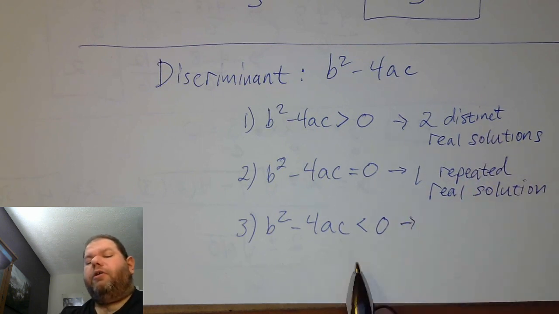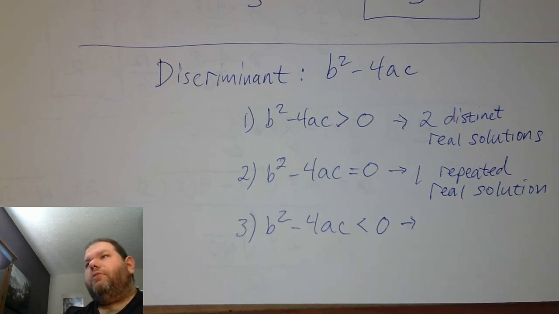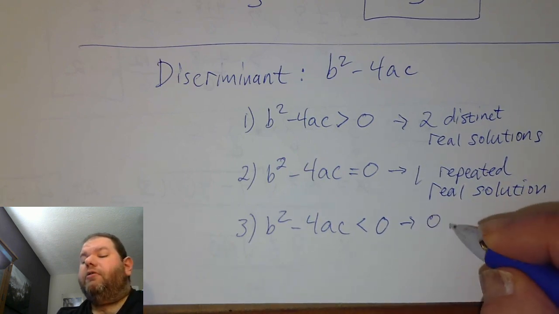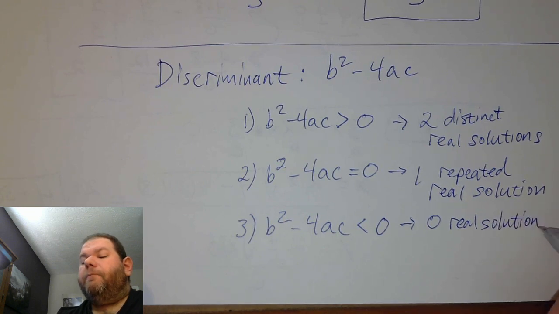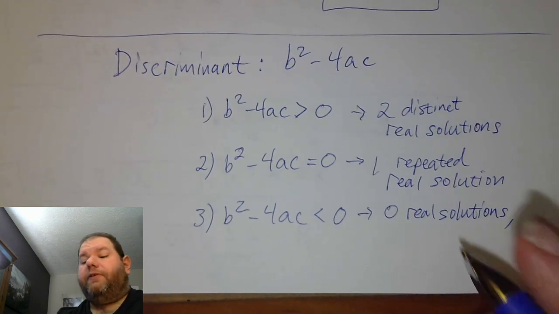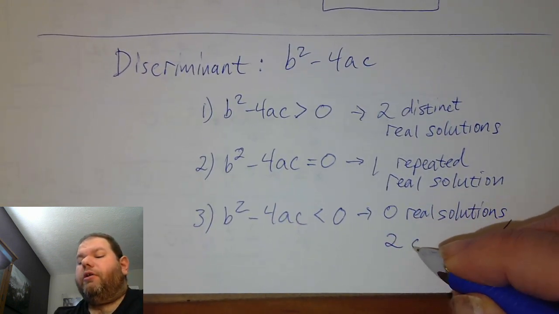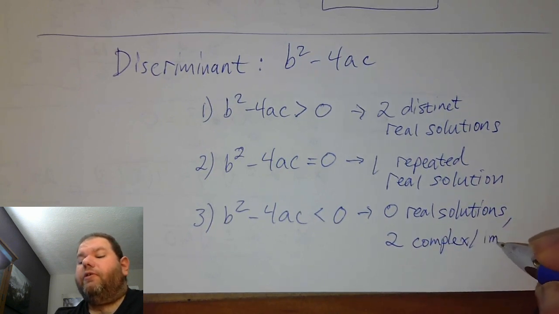In the case where we get a negative value under the square root, a negative value for the discriminant, one way that you'll see the book write this is that we have 0 real solutions, but the other way that we can express that is that there's 2 complex or imaginary solutions.